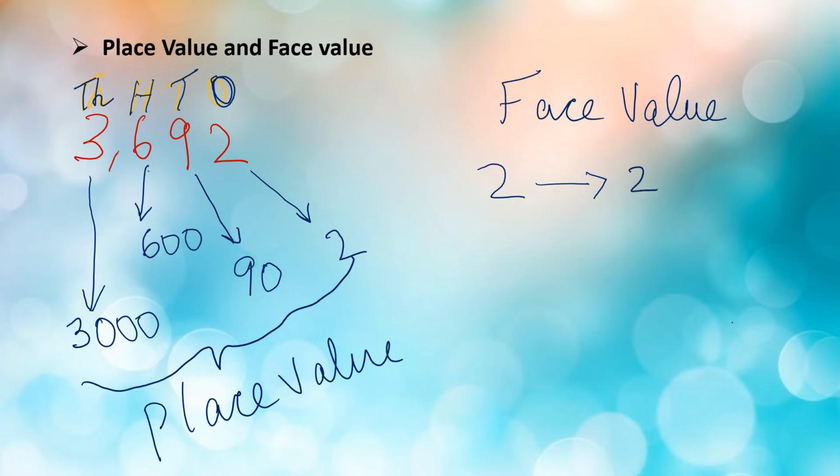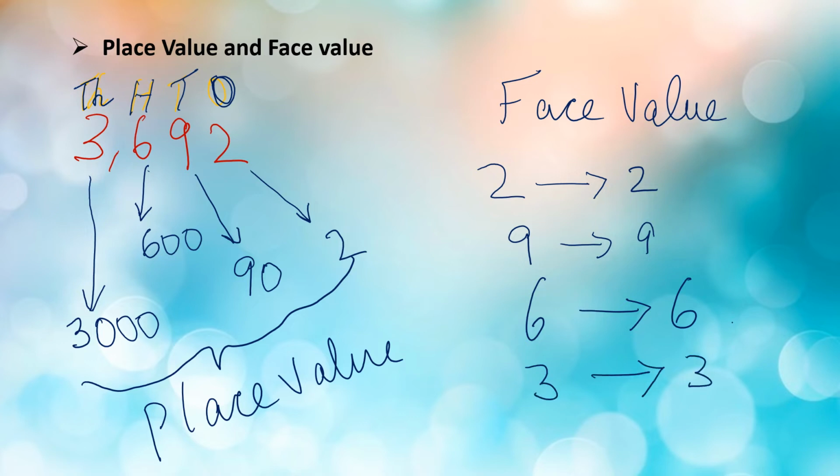Yes, it is 2 itself. And the face value of 9 will be 9 itself. 6 will be, give a try. Yes, 6. And finally, 3 will be 3. Did you notice over here? Did you notice any change in the face value of the numbers? No.